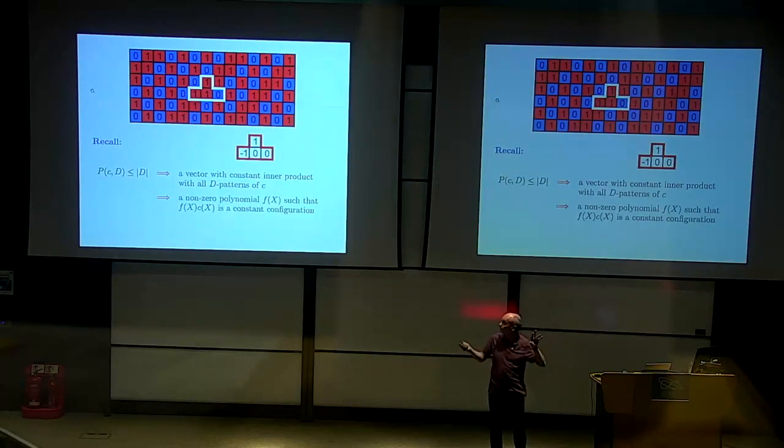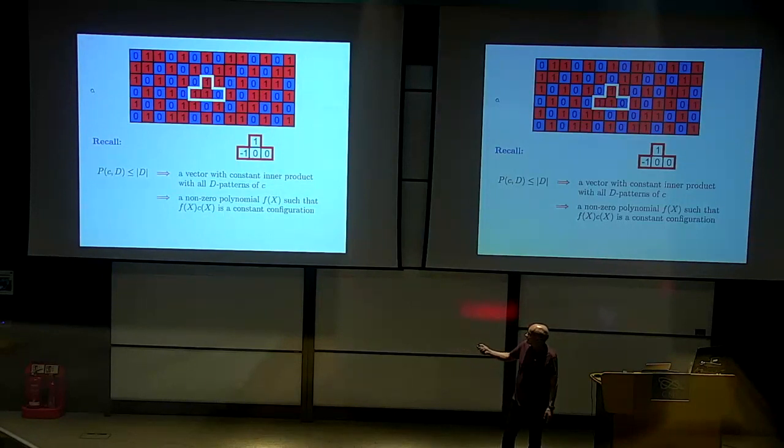I mean, making the inner product in each position with this vector is exactly the same thing as multiplying your configuration with a polynomial whose coefficients are these minus 1, 0, 0. Actually, inverted. The shape should be inverted at that stage. But anyway, it's a convolution.